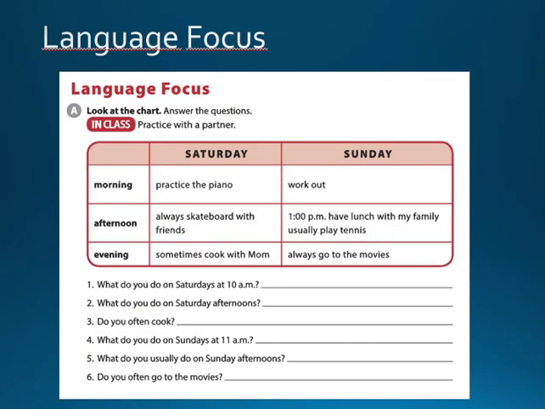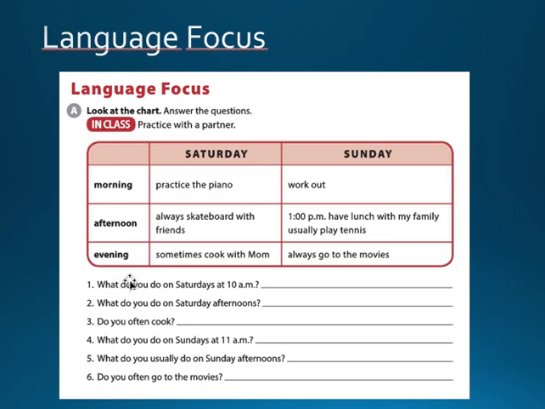For the following exercise, we need to answer questions from 1 to 6. How are we going to answer these 6 questions? Very simple. We need to use this chart that vertically has the actions that are done by day, and here we have the time expressions, morning, afternoon, or evening.